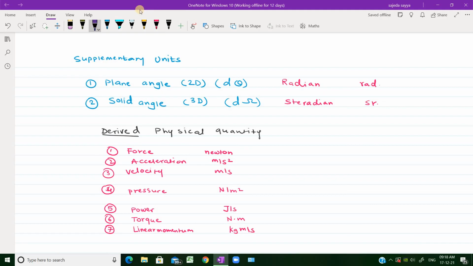Few more we will see. Angular momentum, it is the product of moment of inertia I into angular velocity omega, so it is kg meter square per second. Moment of inertia, that is kg into meter square.